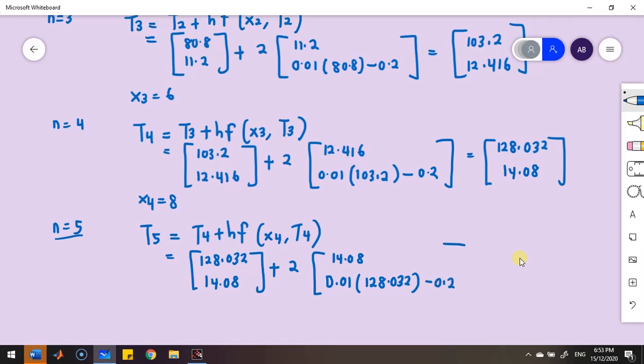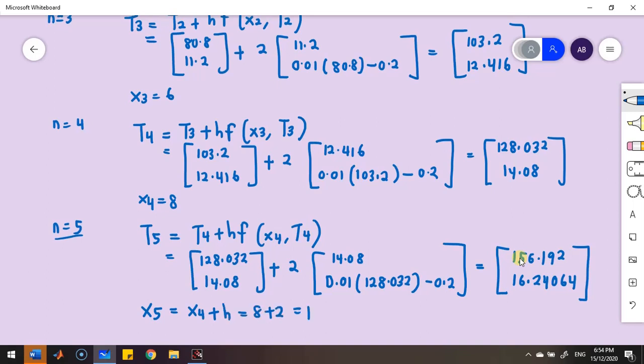Man, this is getting too long, right? Yeah, I know. But hang in there. We have 156.192 and 16.24064. Okay, so I have found two values here. So what is x5? x5 equals x4 plus h, which is 8 plus 2, 10.